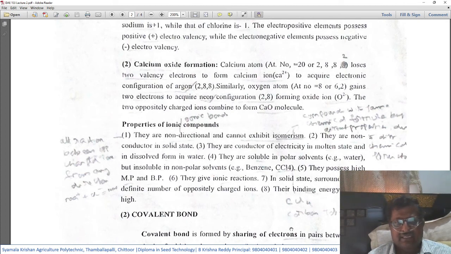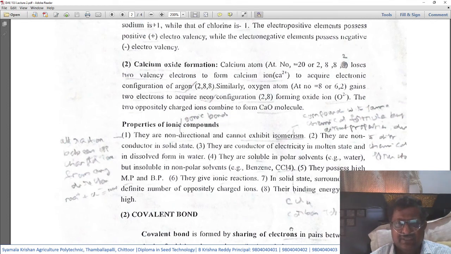Number 6, they give ionic reactions. That means they form ions, then they will give ionic reactions. Number 7, in solid state, they are surrounded by a definite number of oppositely charged ions.